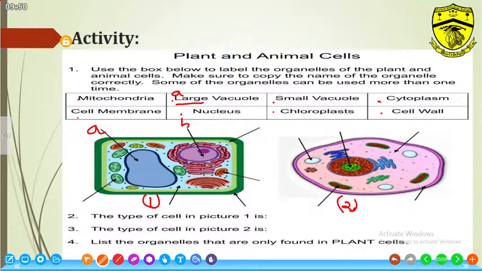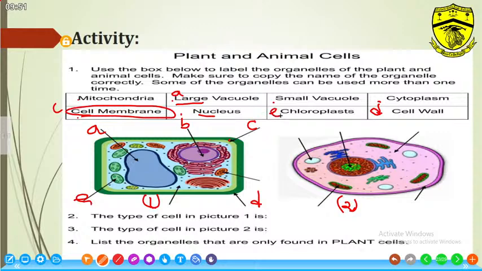And this one is the cytoplasm. This one is the cell membrane. You be alert. This one, cell wall. Where is it? Here. And this one, chloroplast.